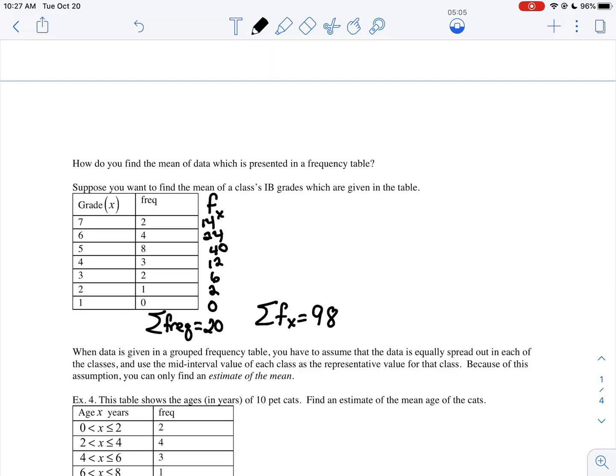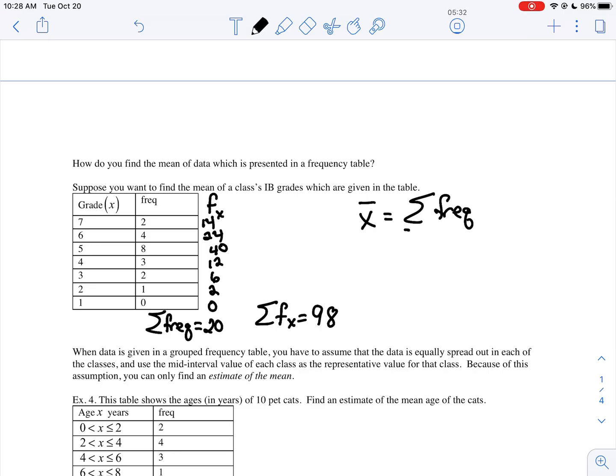Like there are 2 students who had a grade of 7, 4 students who had a grade of 6, and 8 students who had a grade of 5, and so on. So instead of writing 7 plus 7 plus 6 plus 6 plus 6 plus 6 plus 5, 5, 5, 5, 5, 5, then the mean is the sum of your frequencies.